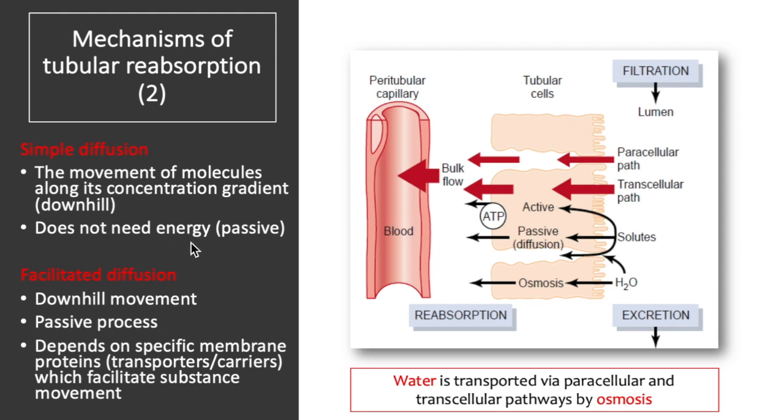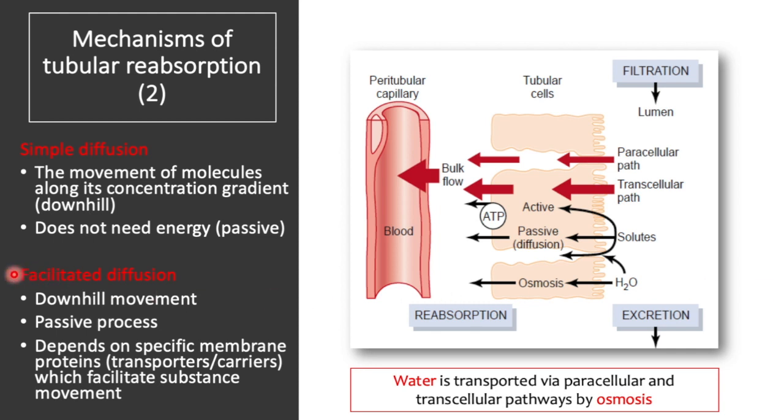Solutes or molecules move from higher concentration to the lower concentration. In the reabsorption process in the tubules, if the concentration of the substance is higher in the tubule, the substance will diffuse from the lumen into the tubular capillary, either via paracellular or transcellular pathway.